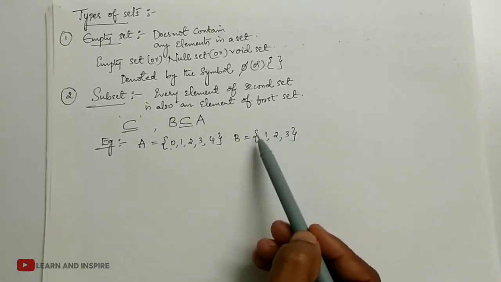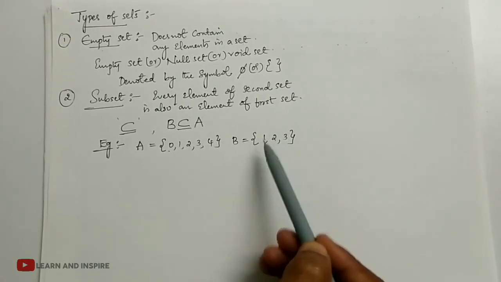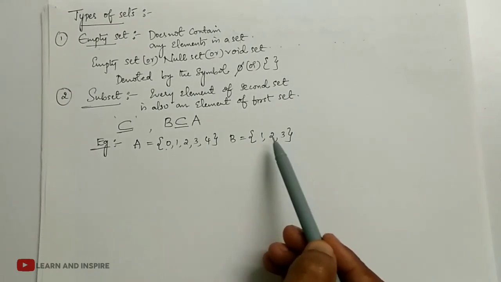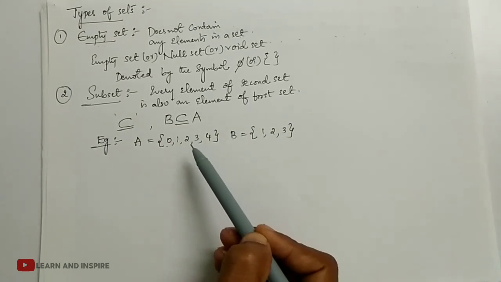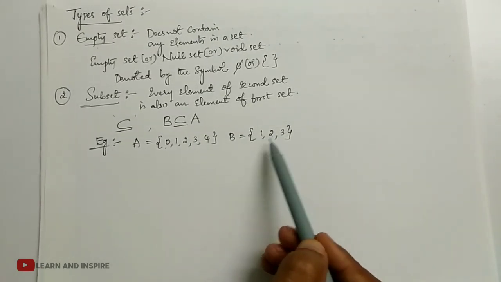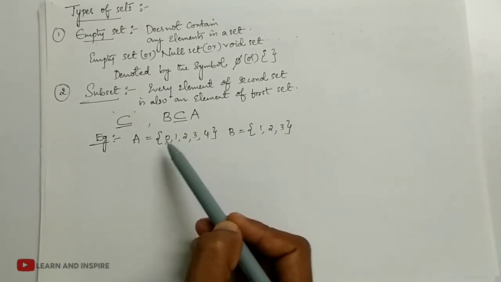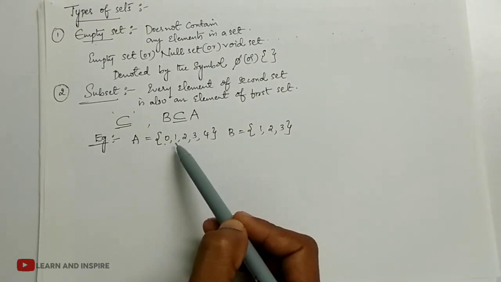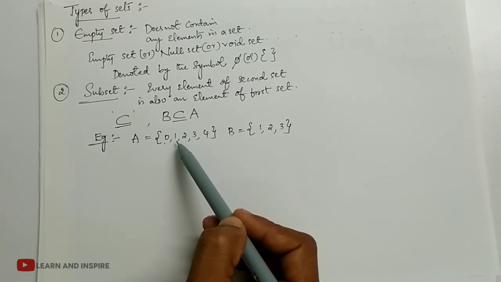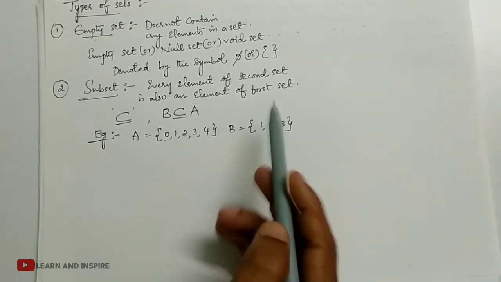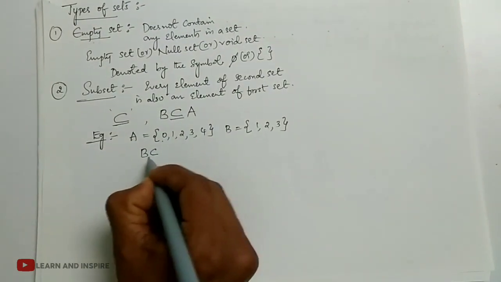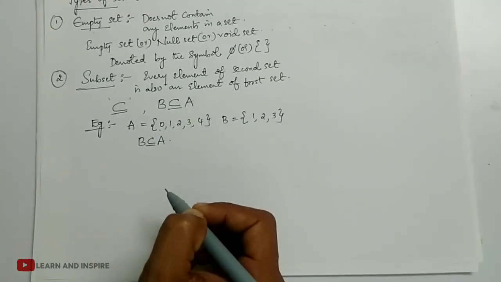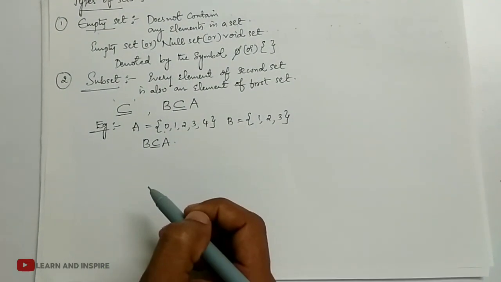That means all the elements of set B are also in set A. So from this you can say that B is subset of A. In set A we can see there are 1, 2, 3 elements. So then we can say that B is subset of A. Okay, so this is the second one.